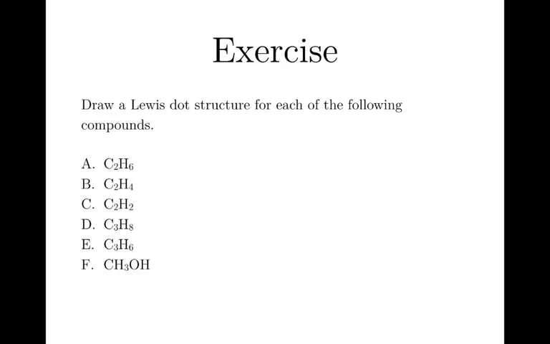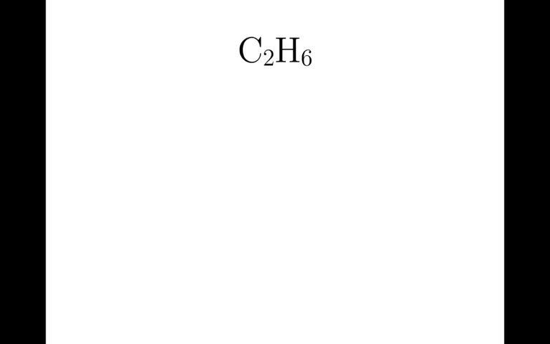And for today's exercise, draw a Lewis dot structure for each of the following compounds: C2H6, C2H4, C2H2, C3H8, C3H6, and CH3OH. In C2H6, this molecule is called ethane.